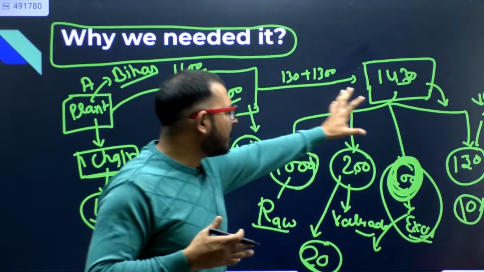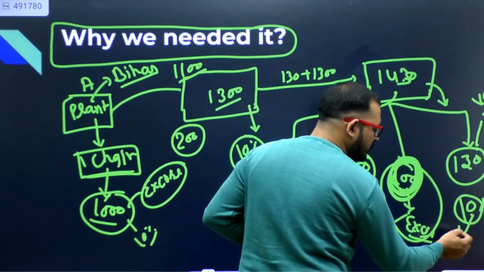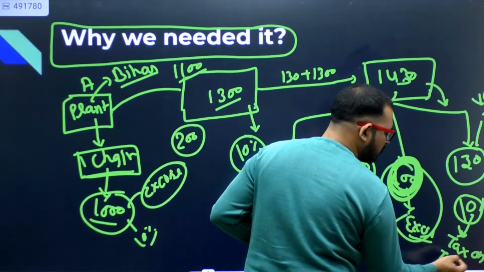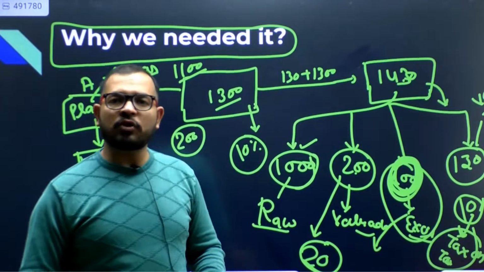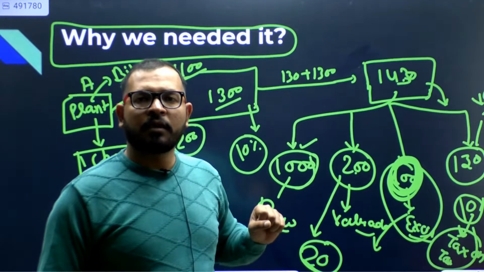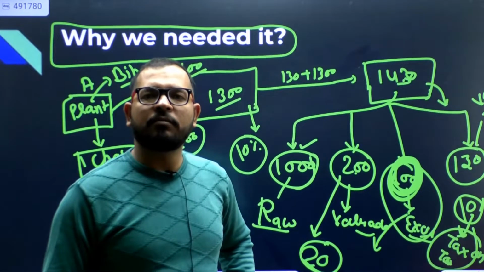So what is happening here is 10 rupees is the tax on the tax. And because of this the product became 10 rupees more costly.